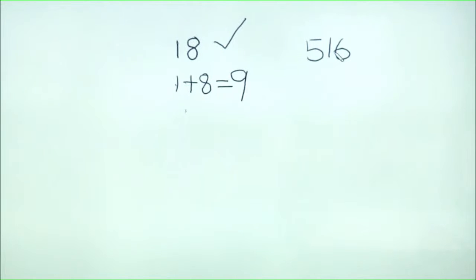The sum of its digits, the digits are 5, 1, and then 6. So let's add everything and see. 5 plus 1 plus 6. And what is the sum? 5 plus 1 is 6. 6 plus 6 is 12.